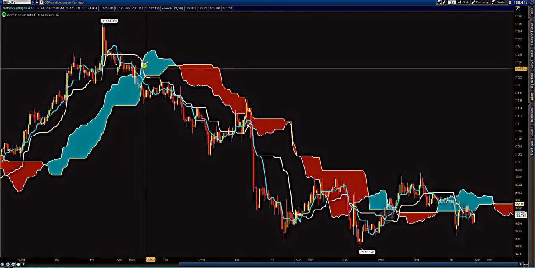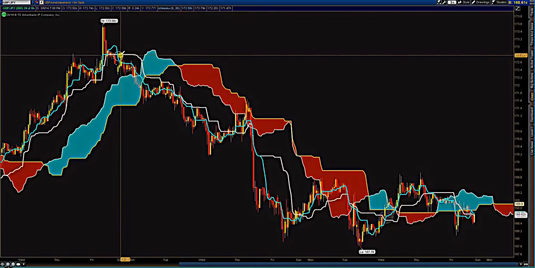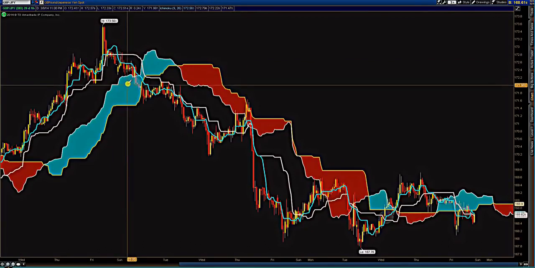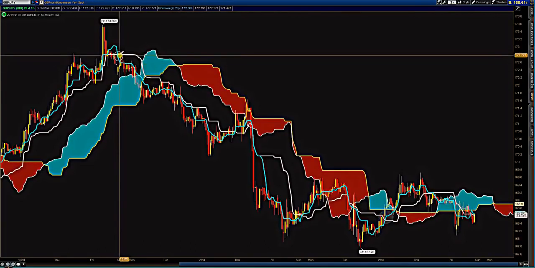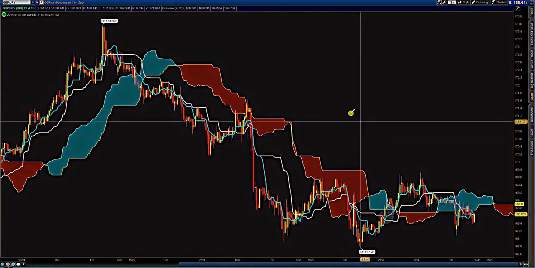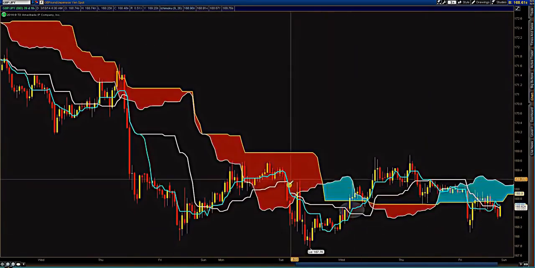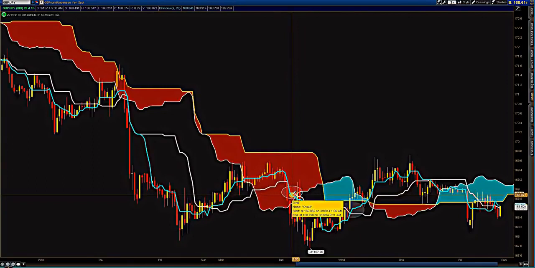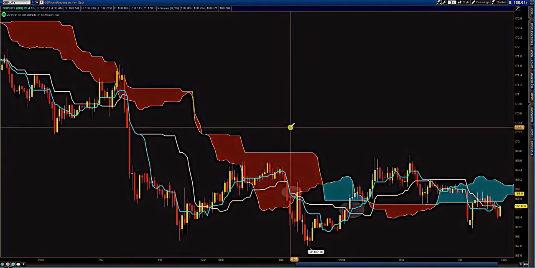A medium cross is when the crossover occurs within the cloud. In this case, a medium cross will be right here, where the Tenkan crossed below the Kijun within the cloud. That's a medium cross because the components did not cross above the cloud, rather within the cloud.